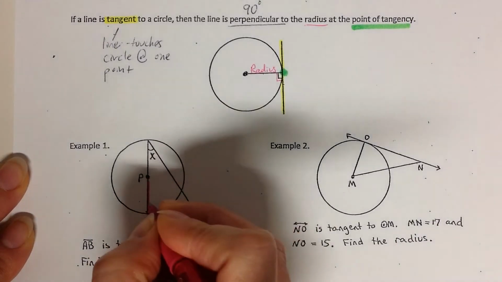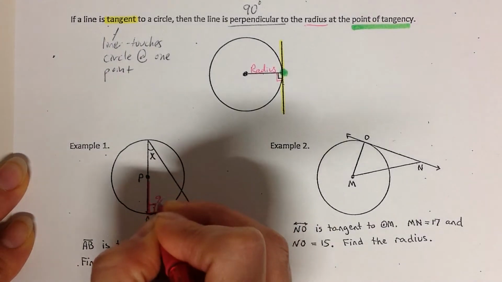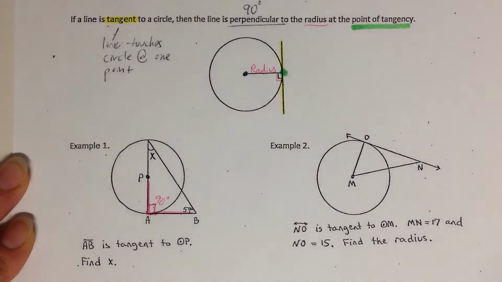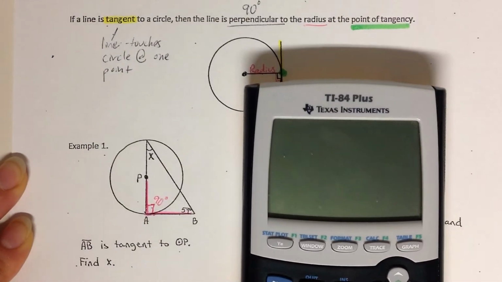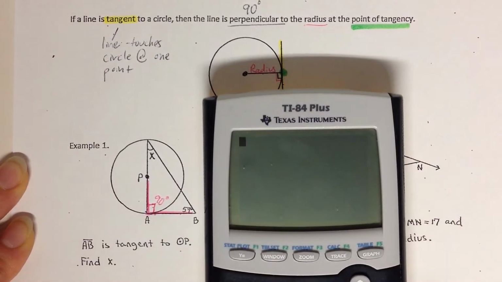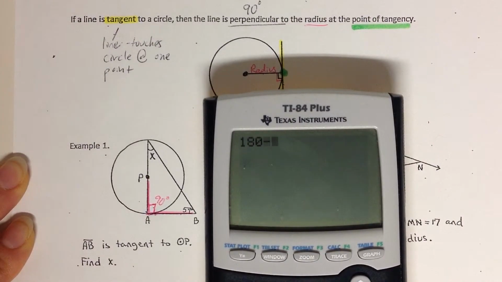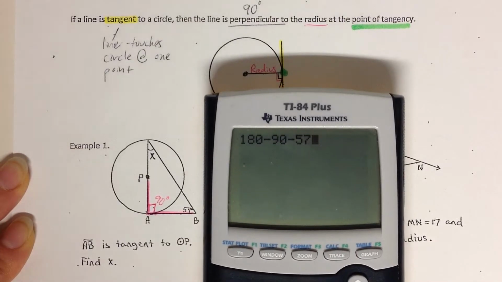Okay, so I'm adding that. And now I'm just subtracting from 180 to find that last angle. Okay, all the angles in a triangle add up to 180, which makes my last angle 33.